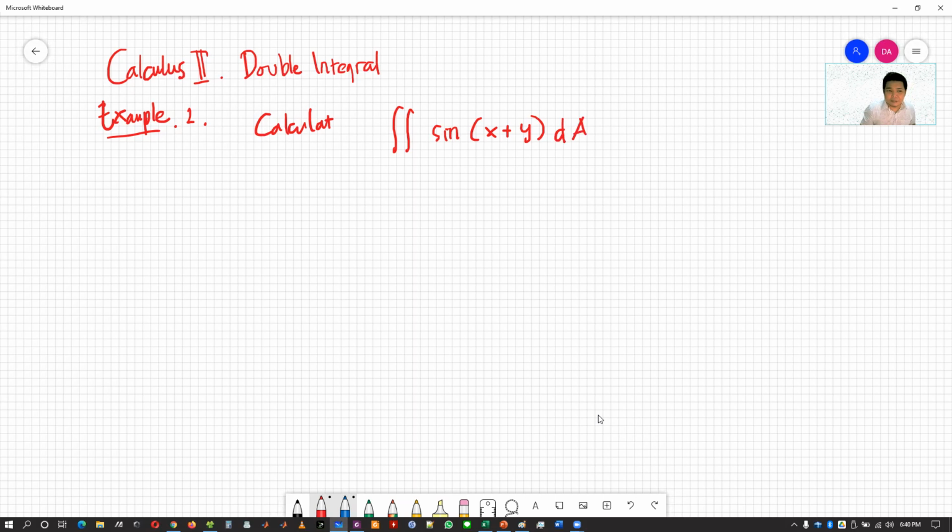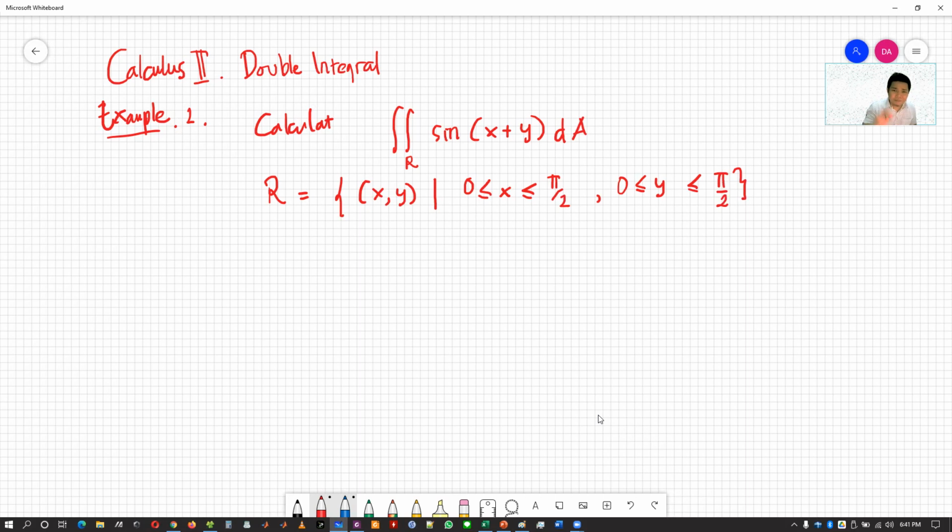A stands for the area, where this is within the area R, and R is defined as follows. This is a set of points x and y with conditions: x is between 0 and pi over 2, and y is between 0 and also pi over 2.